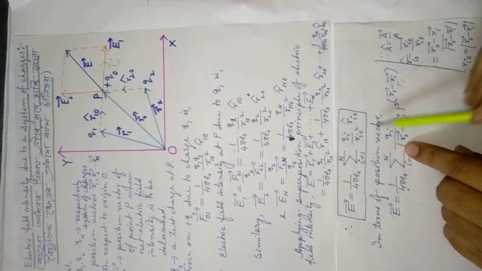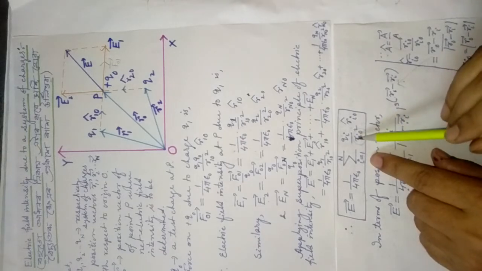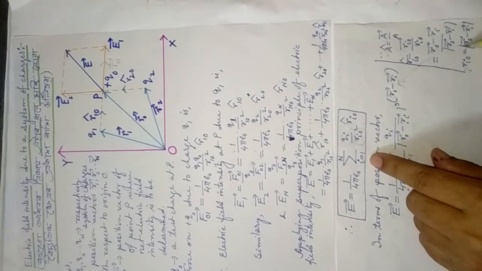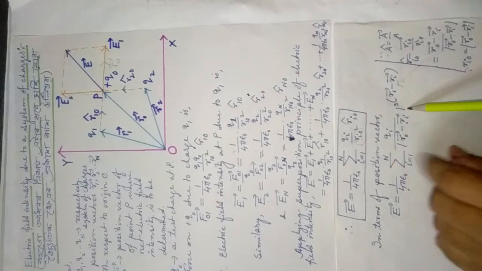And why the whole cube? Because there is already a square, because the value of ri0 is the modulus of this vector. That means there is already a square and another quantity; if you multiply, then you will get a cube.